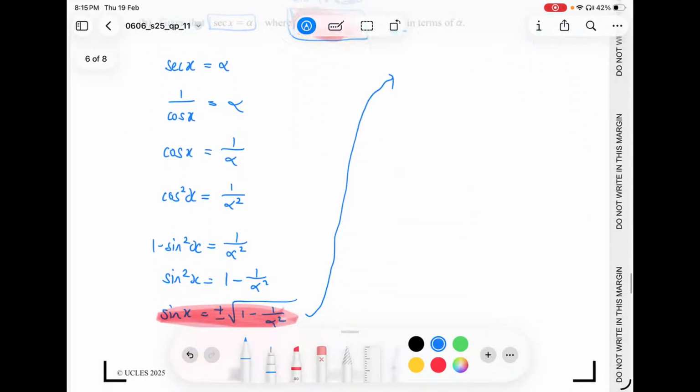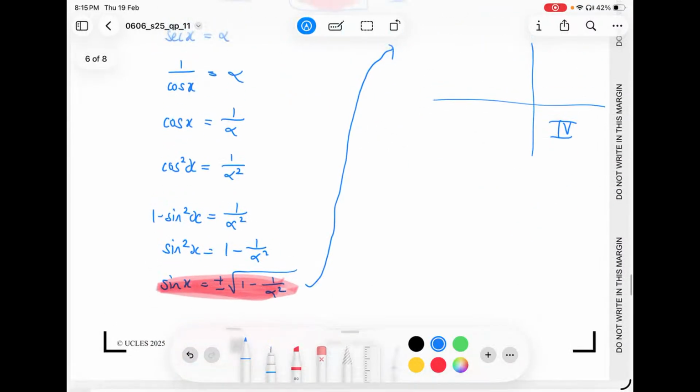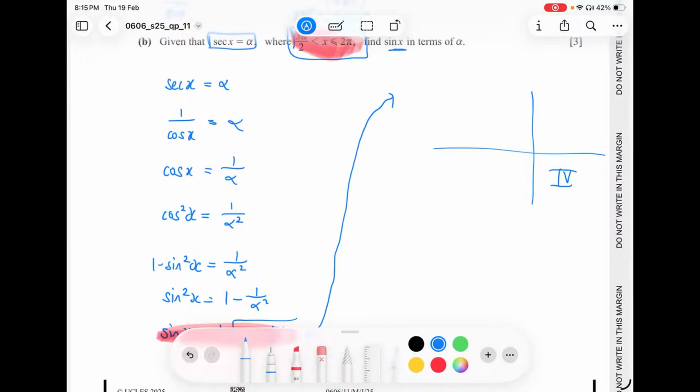And where does this fall into? In the 4 quadrants, this falls into quadrant 4. So in quadrant 4, is sine x going to be positive or negative? That's what you're going to evaluate over here. From the formula, you know that A, S, T, C. A is all: sine, cos and tan are positive over here.